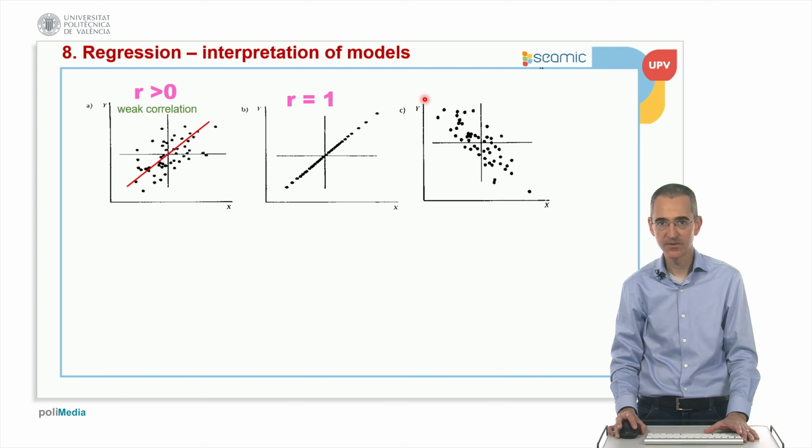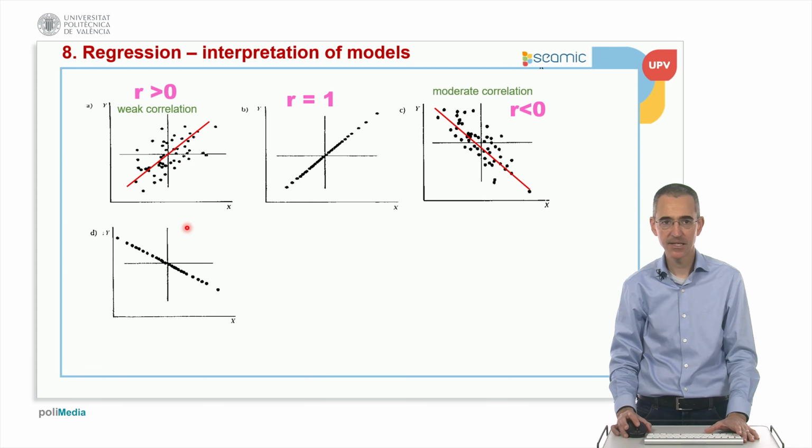This is a case where the fitted line has a negative slope, and then the correlation coefficient will be negative. And then we can say that the correlation is moderate, because the points fit better to the line compared with this first example. In this case, again, the points are perfectly aligned, but the slope is negative, so the value of the correlation coefficient will be -1.